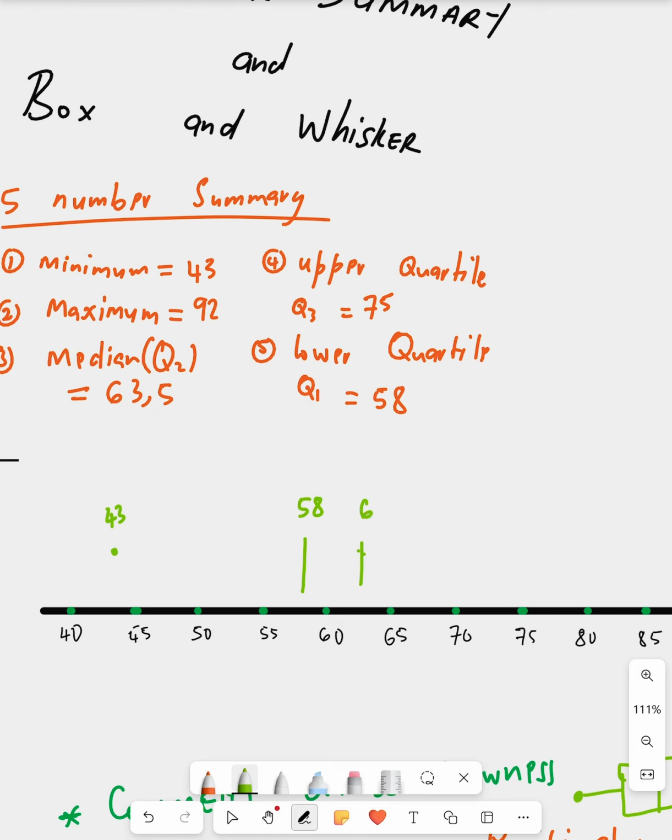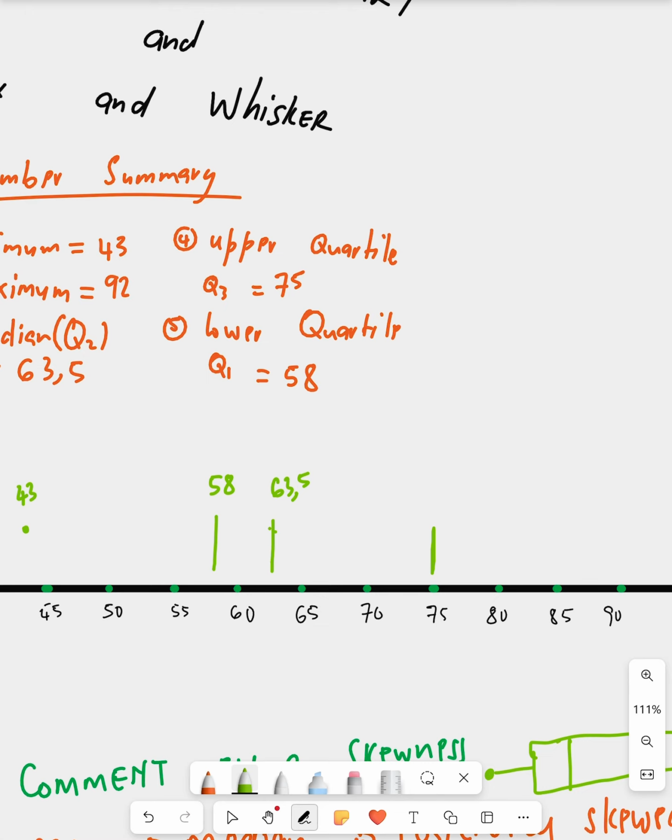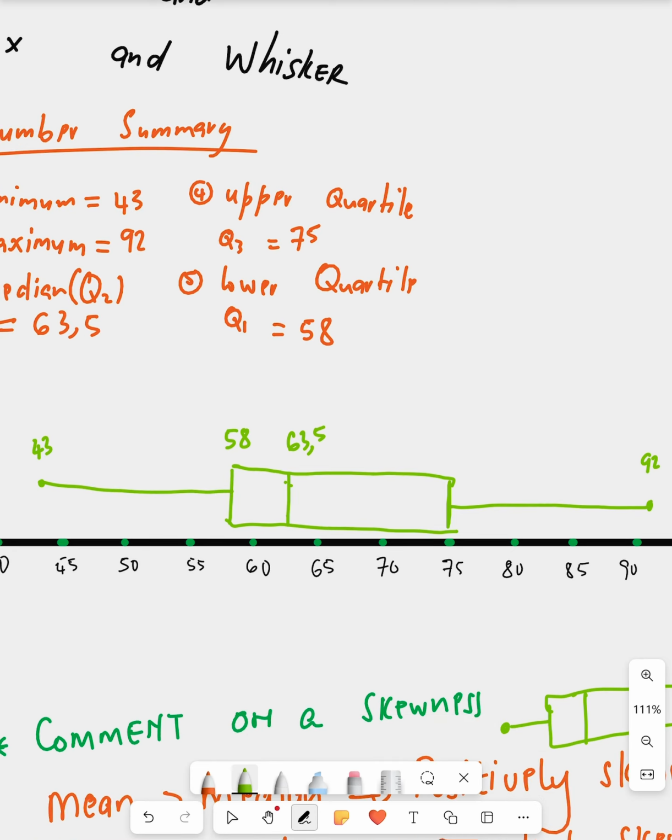And then we have our Q3, which is 75, and then our maximum at 92, just after 90. So here is our box and whiskers. So that is your box and whisker.